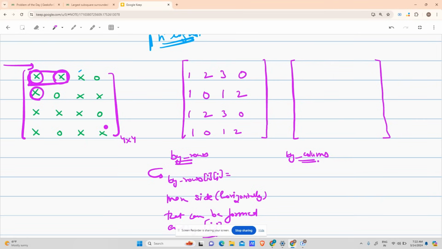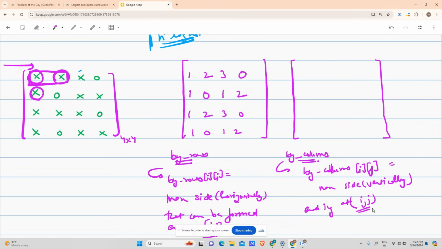Okay. Similarly, the by column states that by columns ij equals the maximum side, rest all the things are same, vertically ending at ij, right?